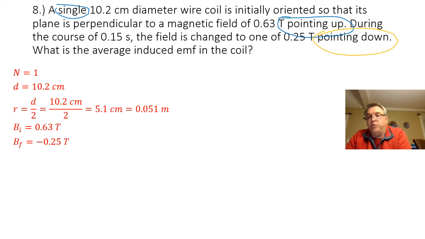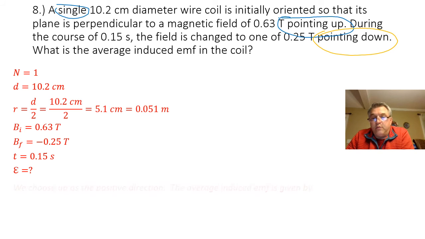So my final value for the magnetic field is going to be negative 0.25 Tesla because it is pointing in the opposite direction it was at its initial value. And it makes that change from a positive 0.63 Tesla to negative 0.25 Tesla in 0.15 seconds. Once again, we are looking for the induced EMF.